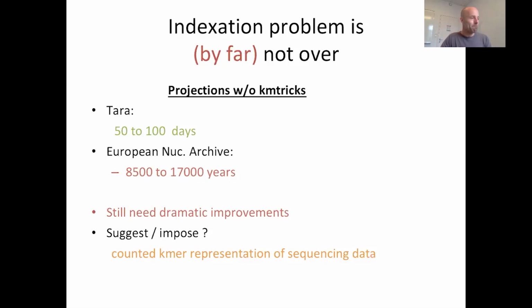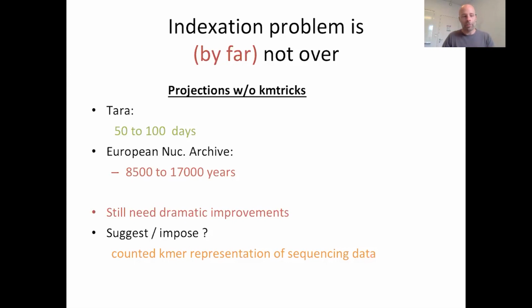And I was thinking maybe it's not in the political ideas of SRA, for instance, but maybe we could impose, because the idea is that almost everybody, once you have your data set available, you count the kmers. You count the kmers when you do the assembly of your data. So almost all of us have counted the kmers of our data sets.